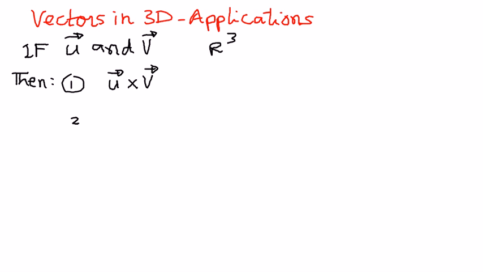The second property is that the angle between these two vectors, vector u and vector v, can be written as follows.